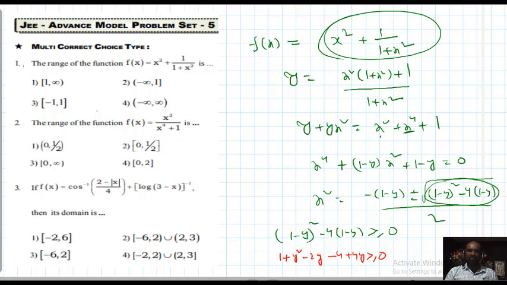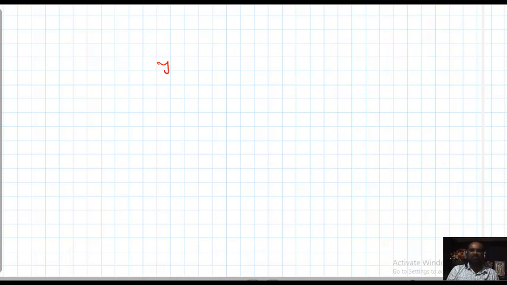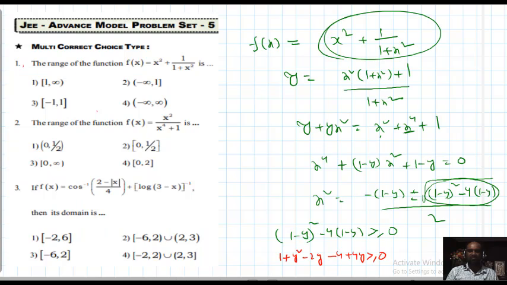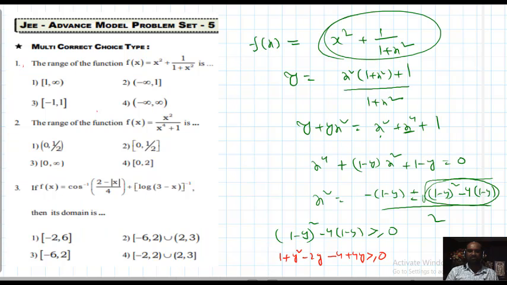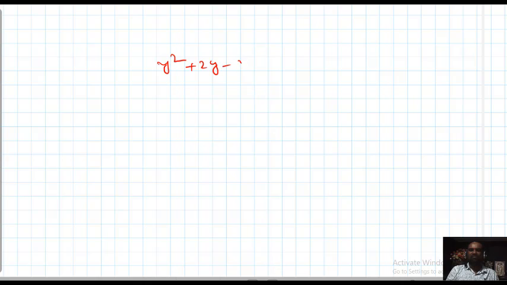On the next page I will write y square plus 2y minus 3 greater than or equal to 0. What can I write? y minus 1 into y plus 3 greater than or equal to 0. Correct? y square minus 3.